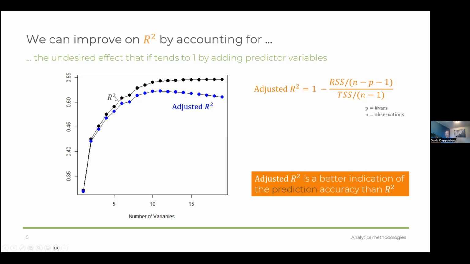In this graph, if you look at the normal R squared for different model complexities, you can see it starts to increase and increase and increase. If you keep on increasing to infinity, at some point this will go to 1. And at that point you would say, okay, that is a very good model. But you don't want that because of overfitting, of course. So at some point this model says, the trade-off for adding more variables isn't worth it because you're making it too complex. So the added model performance is not worth it.